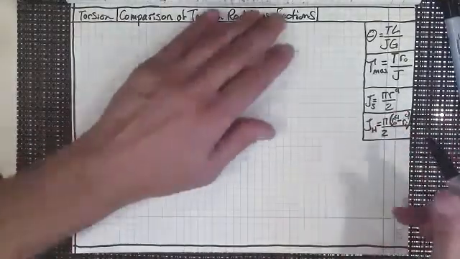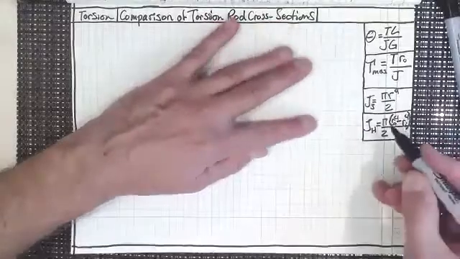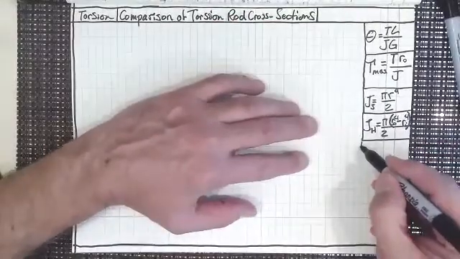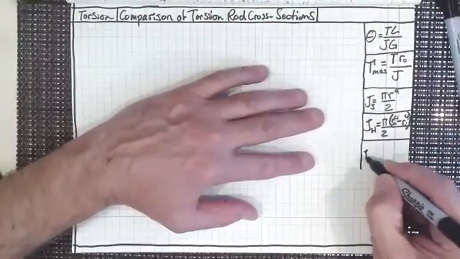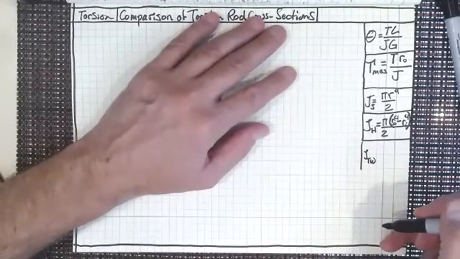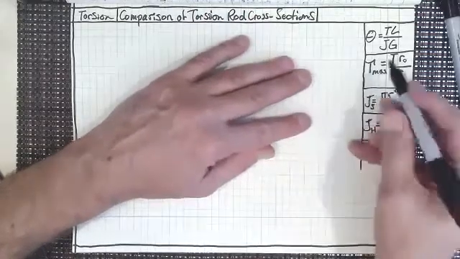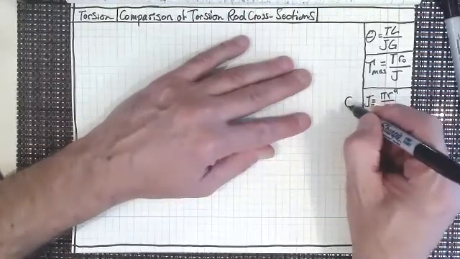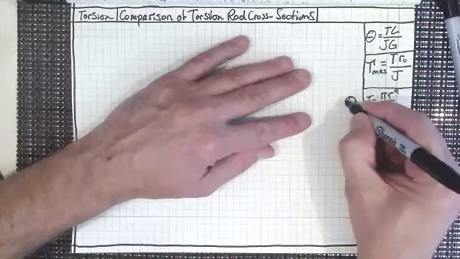Now, you're probably wondering, what is the difference between solid, hollow, and a thin wall cylinder, right? So in fact, I want to draw. So let's say that I've got a solid cross section here.